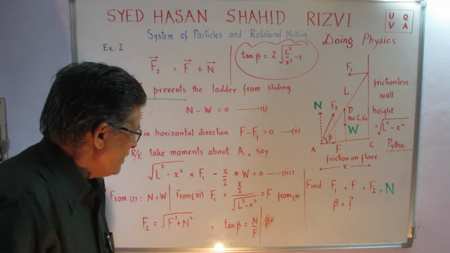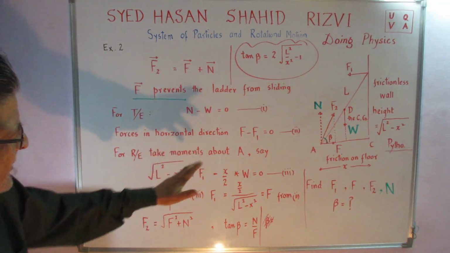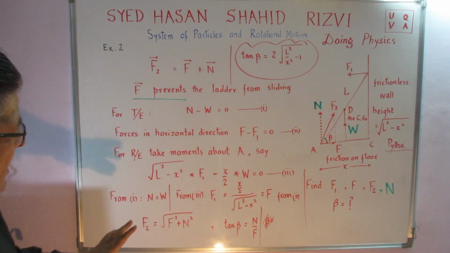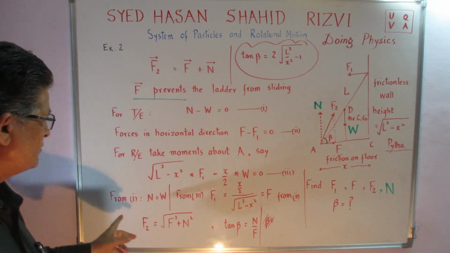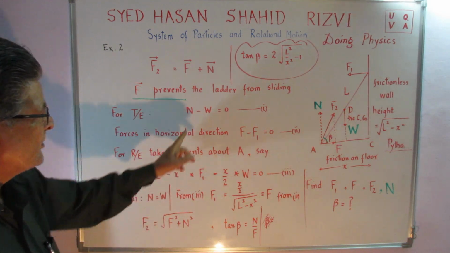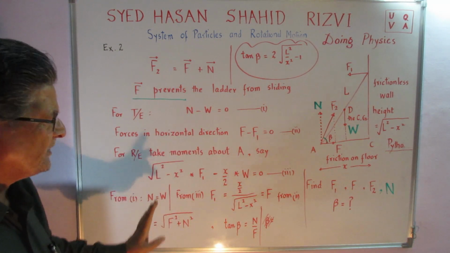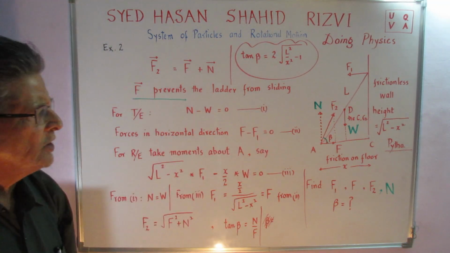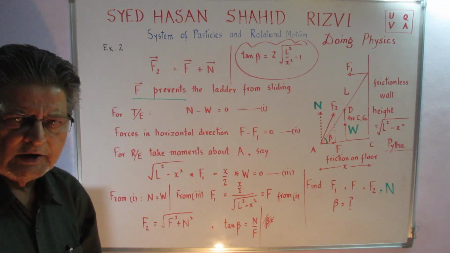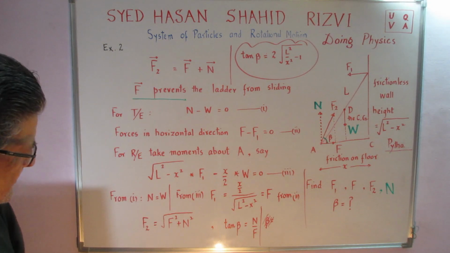Okay. So now look here. After I have done this, I am not taking any numerical values. You can be given numerical values. So I can get from equation number 1 the value of N is equal to W. The value of the normal reaction over here has to be equal to the weight of the ladder.